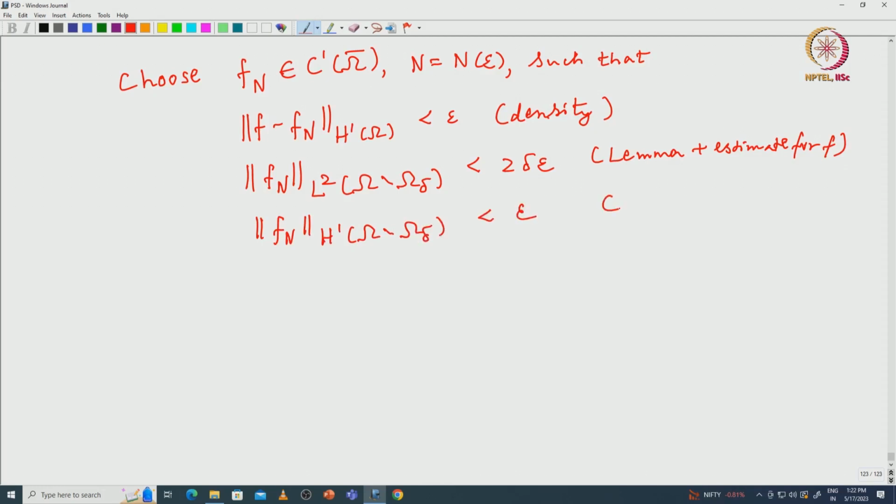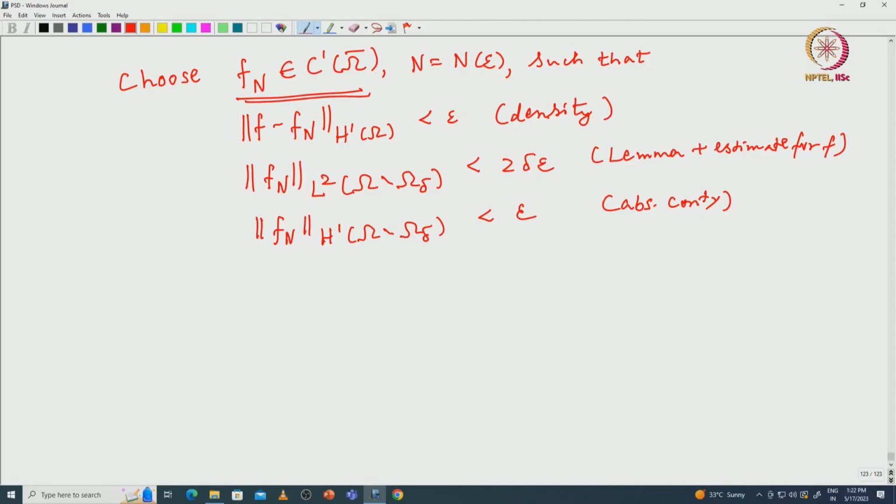So, this is absolute continuity. The proof would have been over if this Fn had compact support. Okay. So, that is not assured here. So, density result just gives us C1 omega bar.